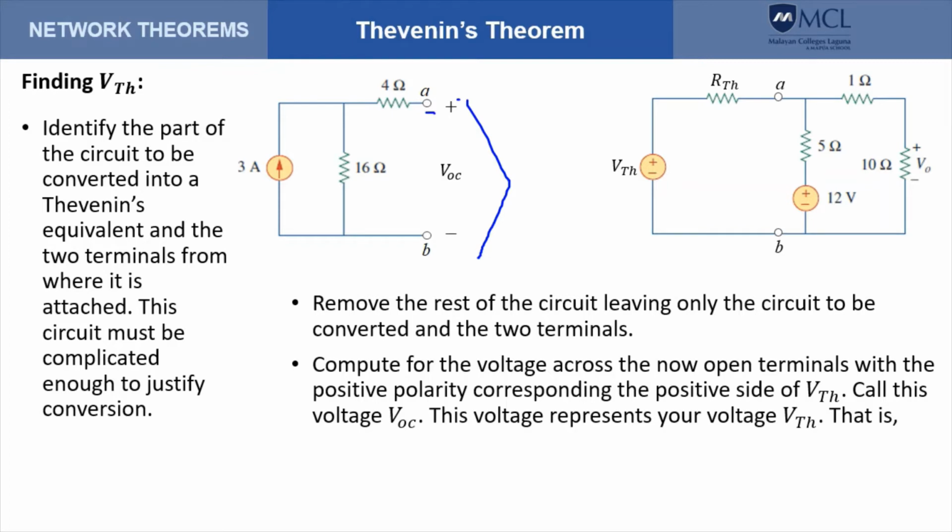It's because our voltage VTH, the positive terminal, is facing the terminal A on the modified circuit. Okay, so once we get that voltage VOC, that voltage then becomes our voltage VTH.